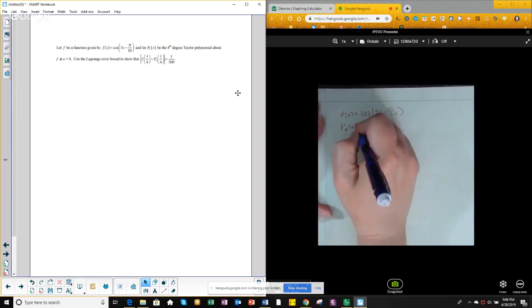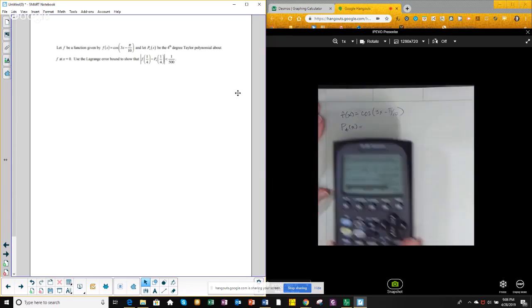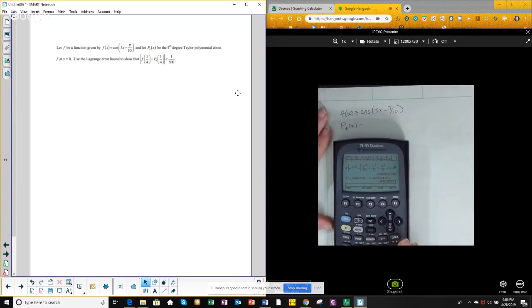Okay, so let's figure out what the 4th degree Taylor polynomial is using our handy dandy calculator here. Now, how do we get there? We go F3, scroll up to the Taylor command, and type in our function, which is cosine of 3x minus pi divided by 10. Close that.